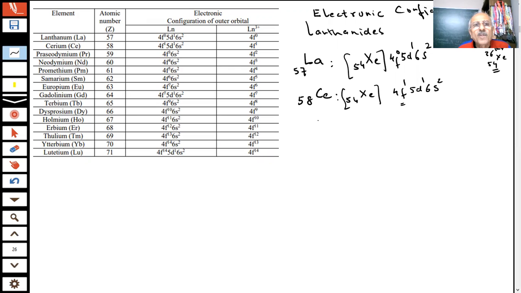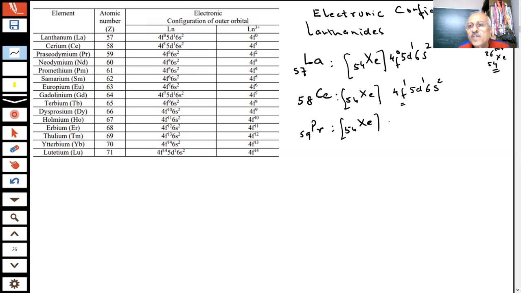Now let us go from cerium. The next element is 59, student. What is the name? Praseodymium. Interesting thing. Now you see that there is nothing in the d.